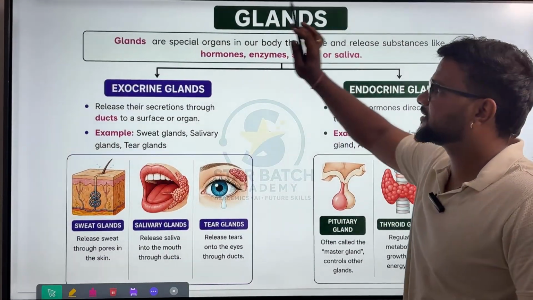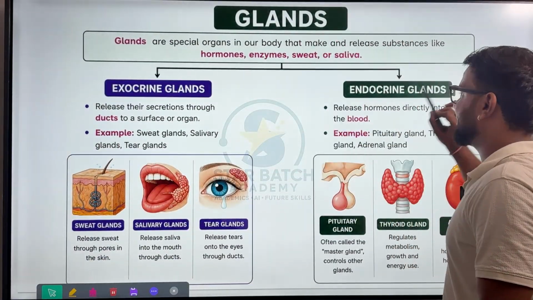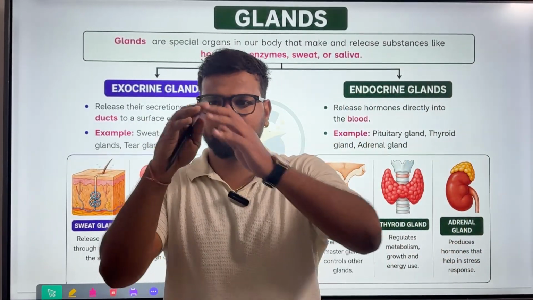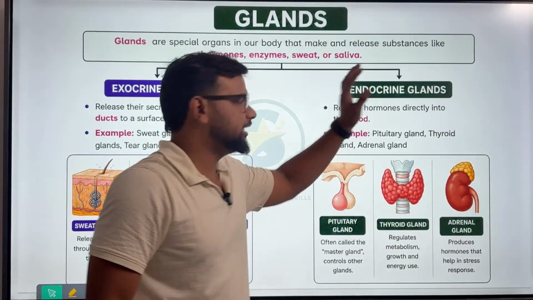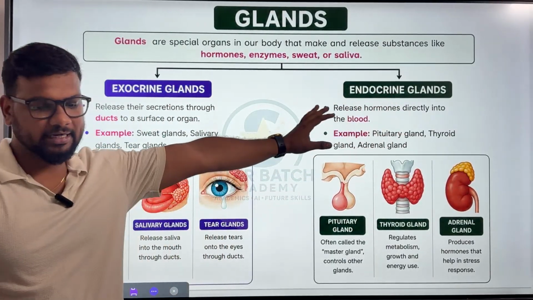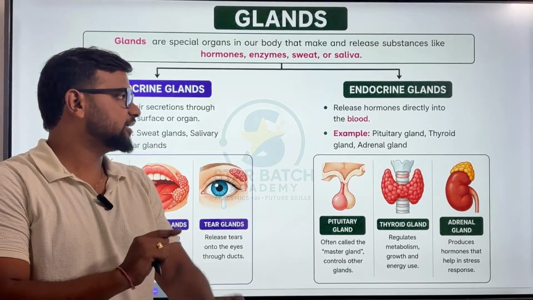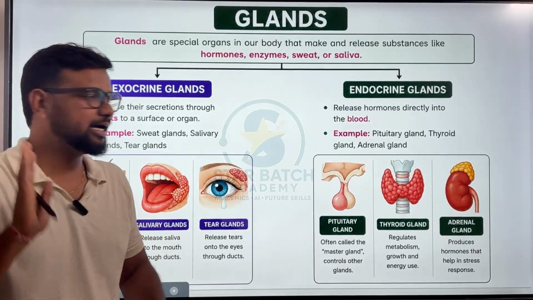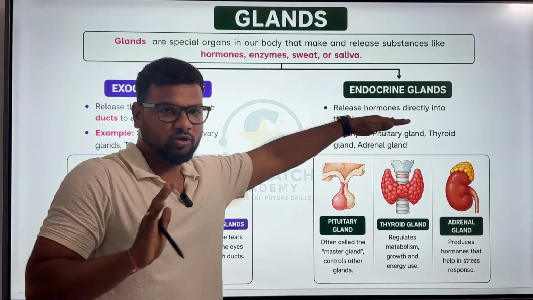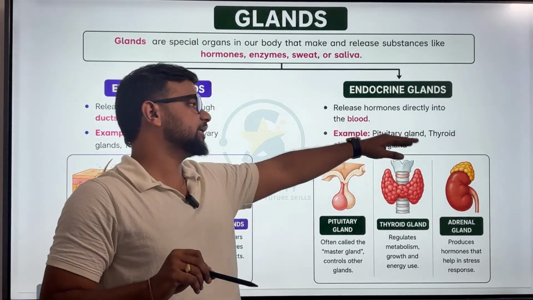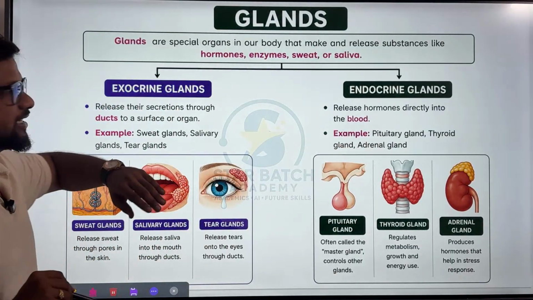Yes, glands, exocrine and endocrine. Exocrine in the sense it goes to a particular organ. Endocrine means it actually goes inside the blood directly, ठीक है? So examples: pituitary gland, thyroid gland and adrenal gland.